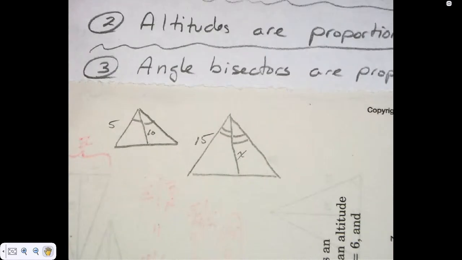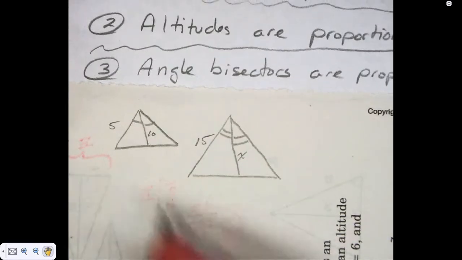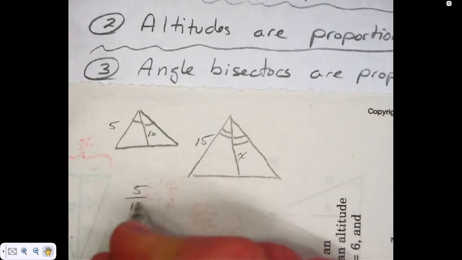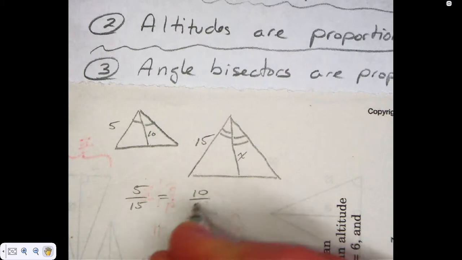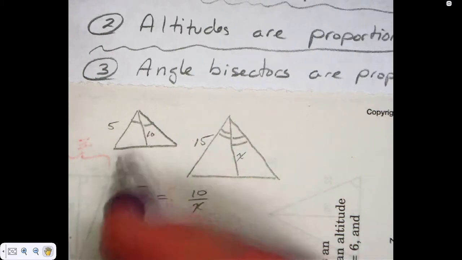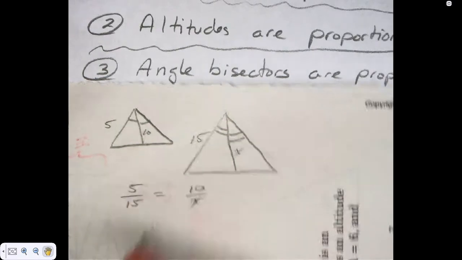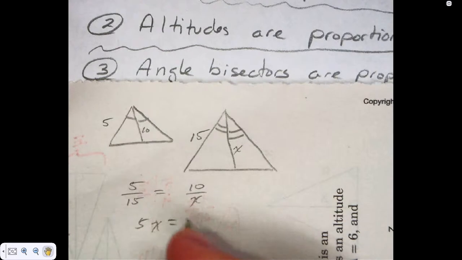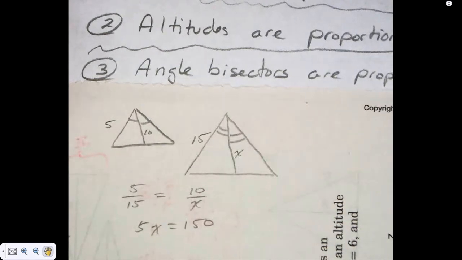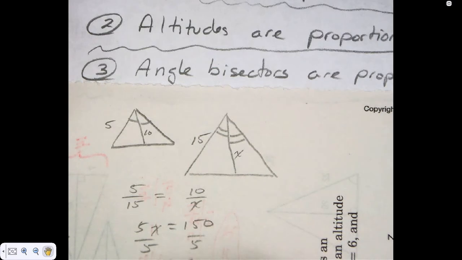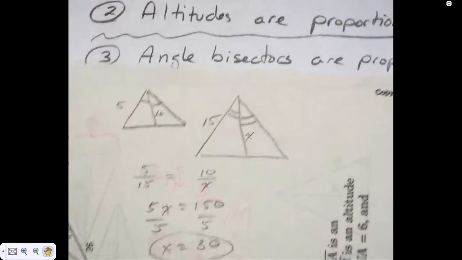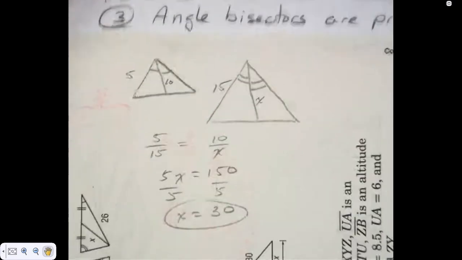What proportion would I set up? And you see how the angle bisectors have the same proportion, so it would be 5x is equal to 150. Divide by 5. X is equal to what? 30. If you want to write that down, you can.